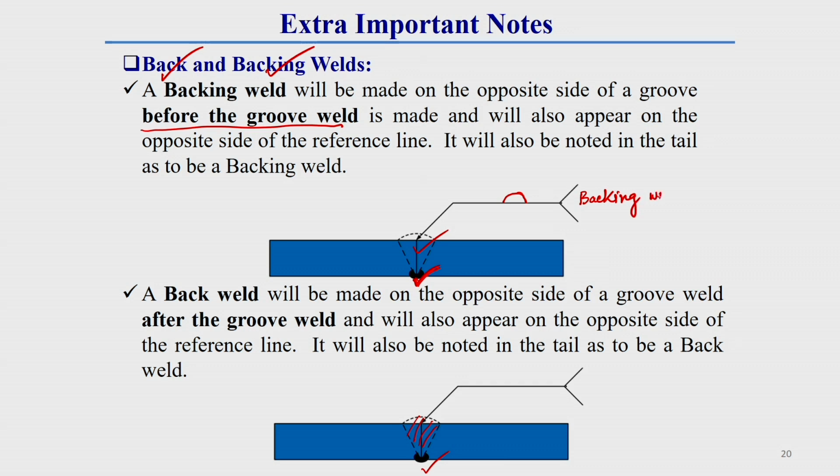As we have done the backing weld, that is why we write backing weld in the reference line, in the tail of this welding symbol.